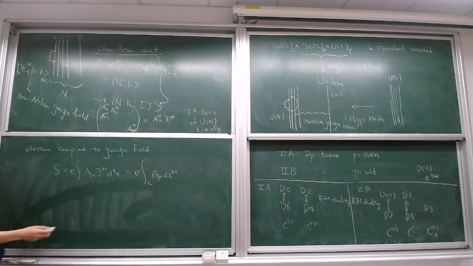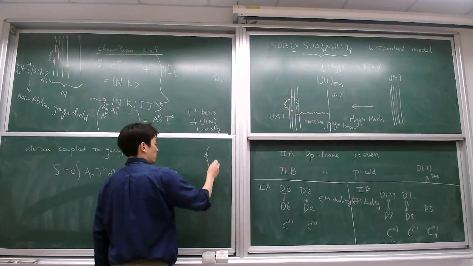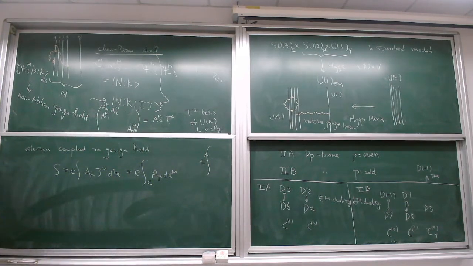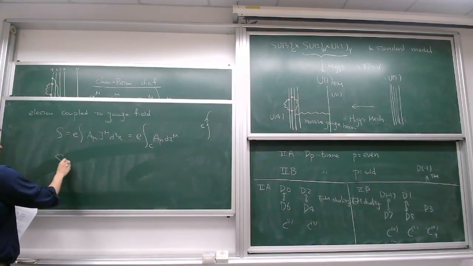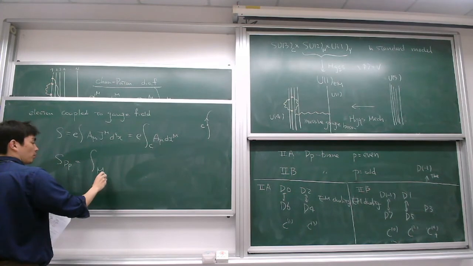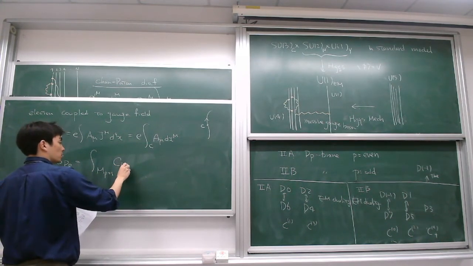So given the electron, the worldline of the electron is coupled to the gauge field. Similarly, the action of a Dp-brane can be understood as the worldvolume of the Dp-brane, of dimension p+1, coupled to C_{p+1}.